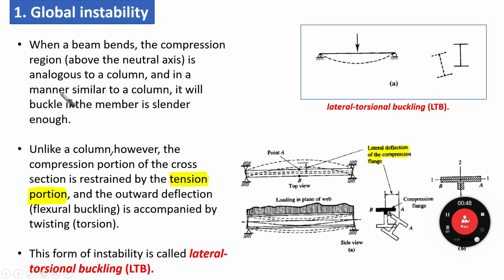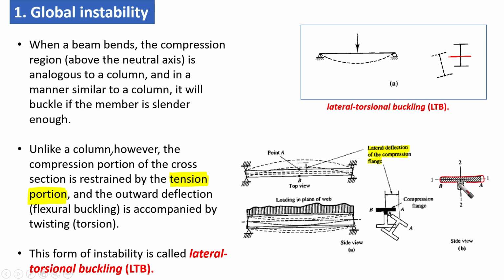Okay, so regarding global instability, whenever we have a beam, as you can see here, and this beam bends, the compression region of the flange above the neutral axis, if we say this is the neutral axis, the compression part is this part, which you can see here in this figure.